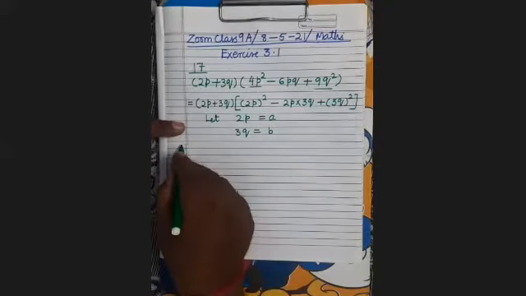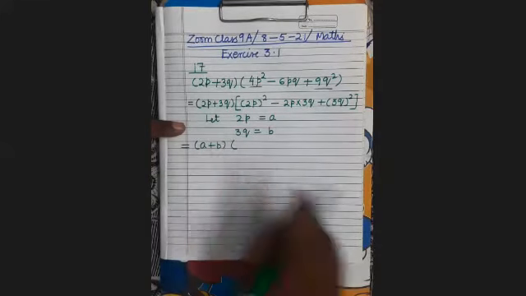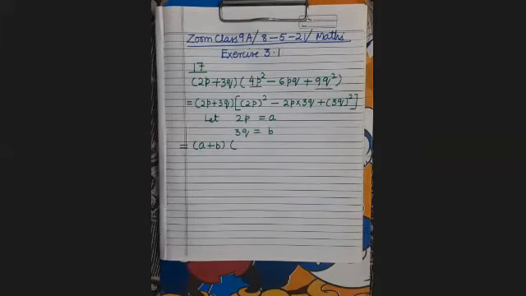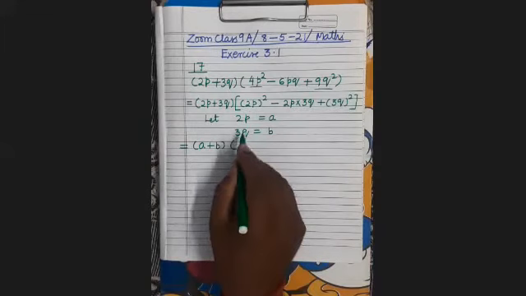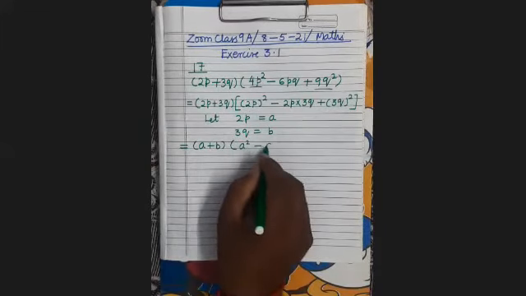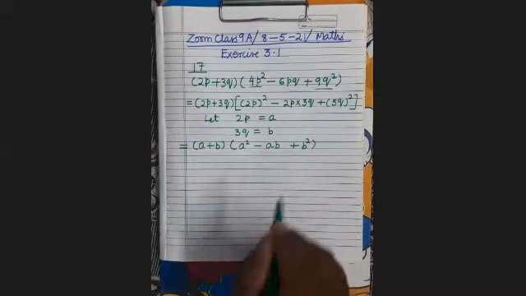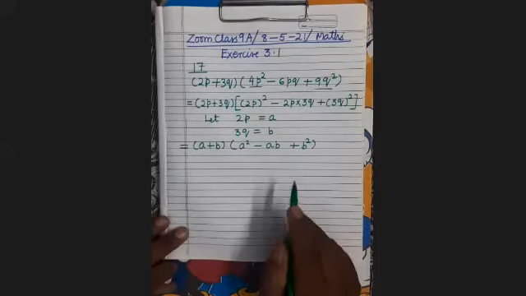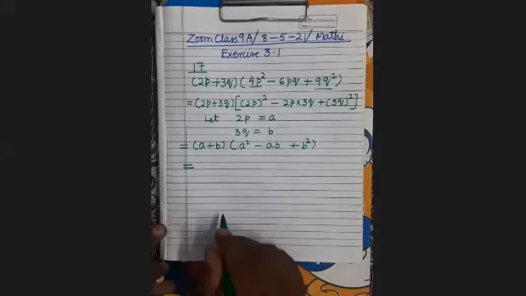So what will you get? You will get A plus B in one bracket. In the other bracket, you will get A square minus AB plus B square. And it is equal to A plus B into A square minus AB plus B square.